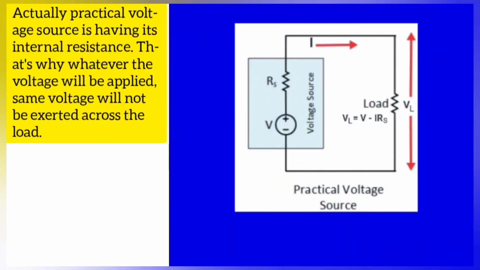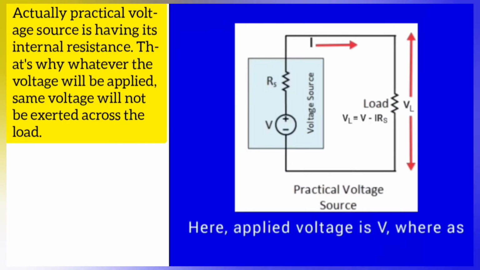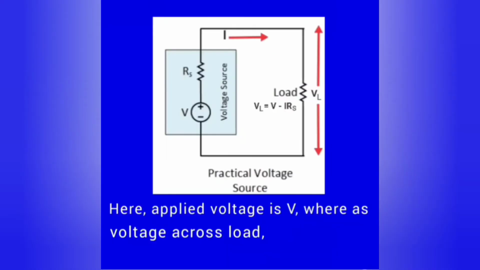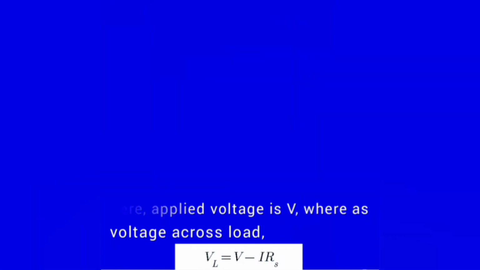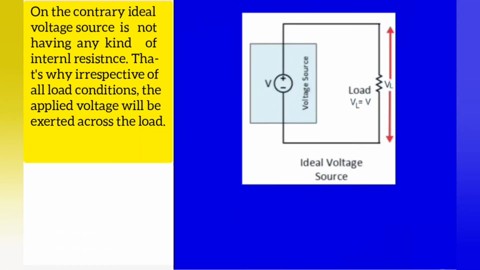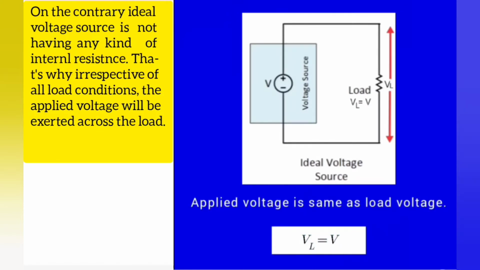Actually, a practical voltage source has its internal resistance. That's why whatever voltage is applied, the same voltage will not be exerted across the load. On the contrary, an ideal voltage source does not have any internal resistance. That's why, irrespective of load conditions, the applied voltage will be exerted across the load.